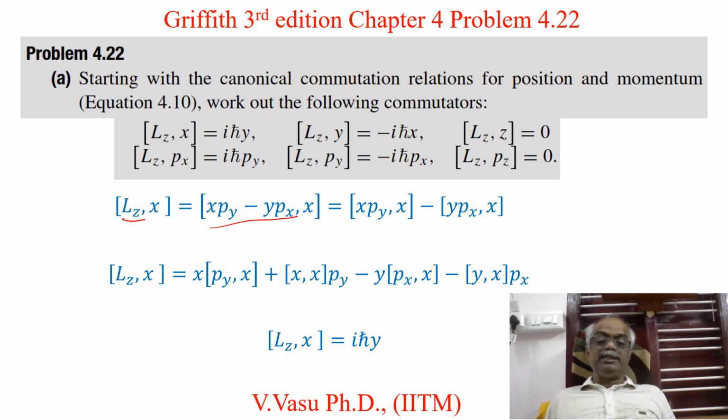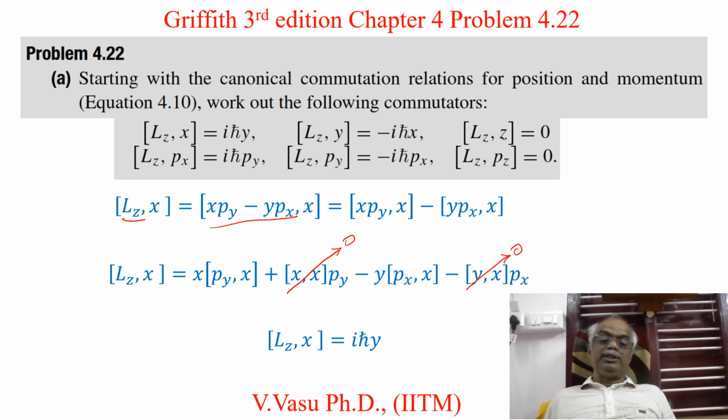First, we will cancel these two. x will commute with x, so this will become 0. And the commutation of y with x is also 0 because both are real numbers. So this will be 0.